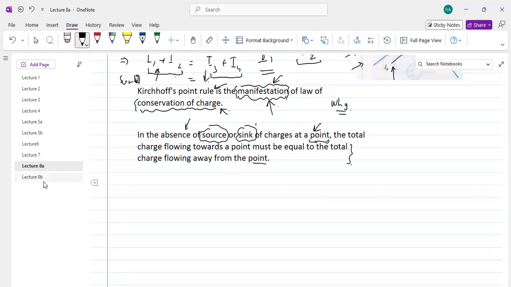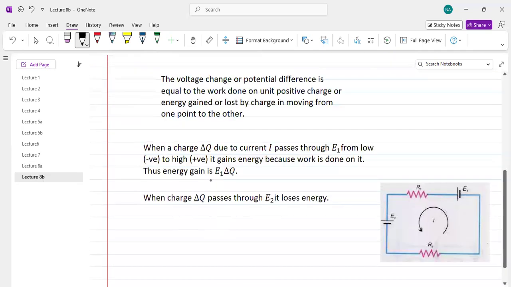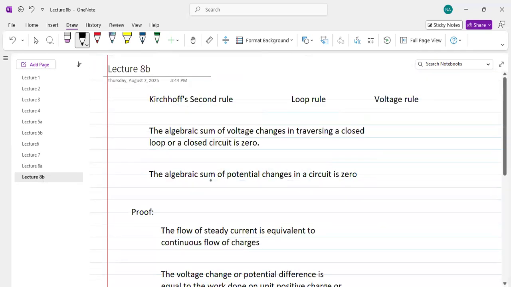Now the second rule is Kirchhoff's second rule, which is most important as a long question from the examination point of view. You can say that it is the most important topic of chapter 13, and it is frequently asked.